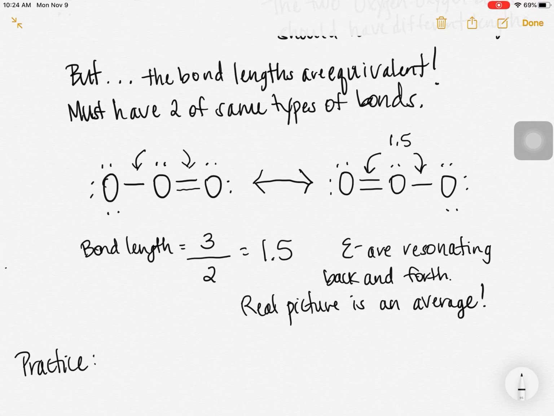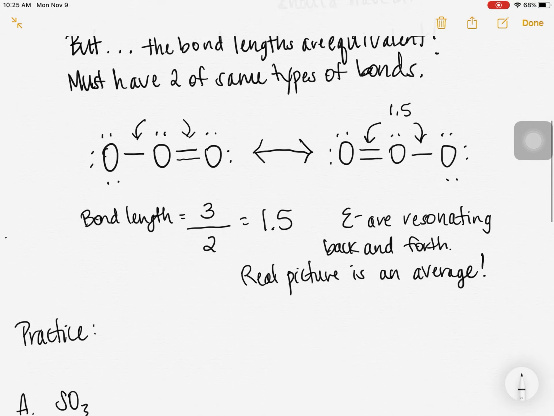So it's a kind of weird discussion. It's a very weird discussion, but this is what resonance is, and it's going to play a part when we talk about something being a single or a double bond. It might not necessarily be the case, because if there's resonance, as in O3, where we think we had a single and a double, we actually had 2 bonds of equivalent lengths, which were a bond and a half. So this is a little bit of a strange topic.